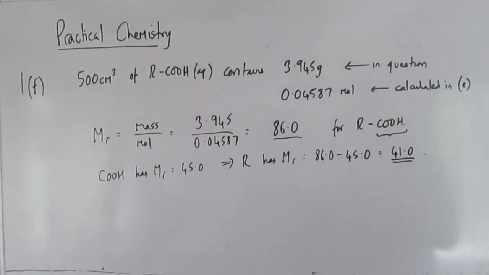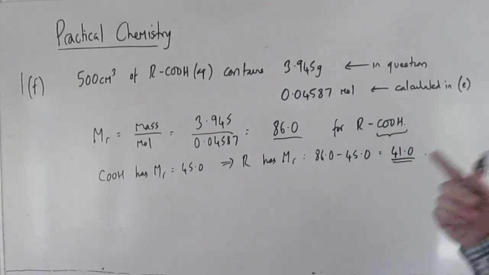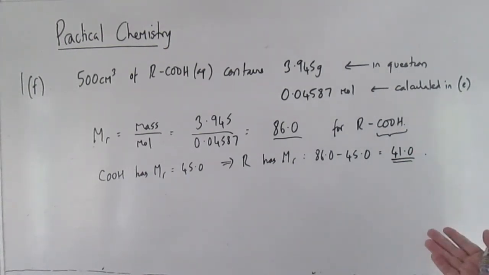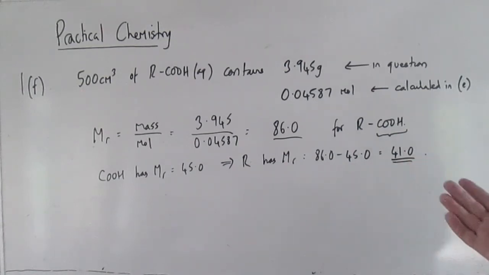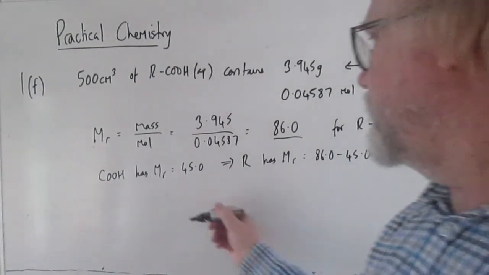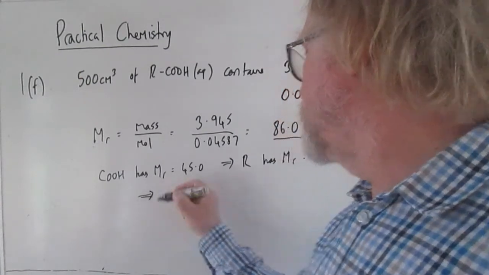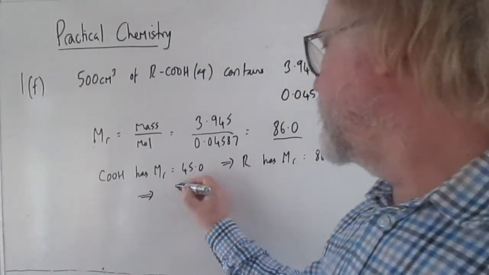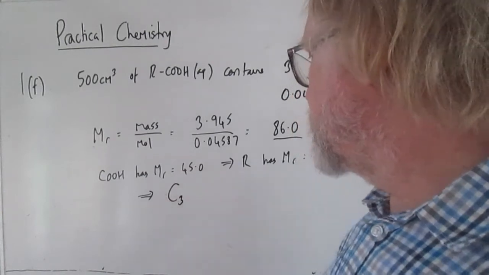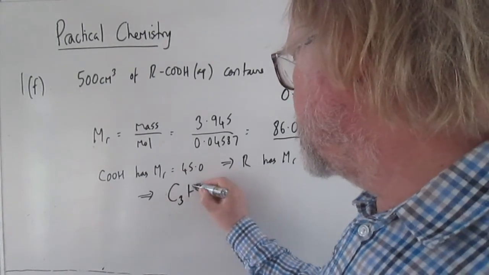That's possible, because that would leave you 5 hydrogens. 2 carbons is 24, so you'd have to have 2 carbons and 17 hydrogens. That's far too many. So the only thing that looks reasonable, which would add up to 41, is C3, which adds up to 36, and then we need another 5.